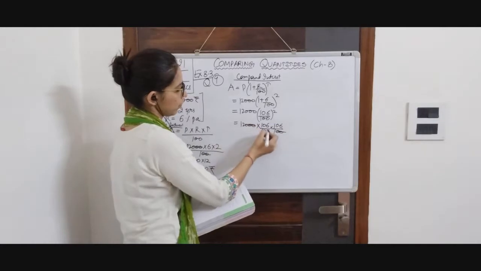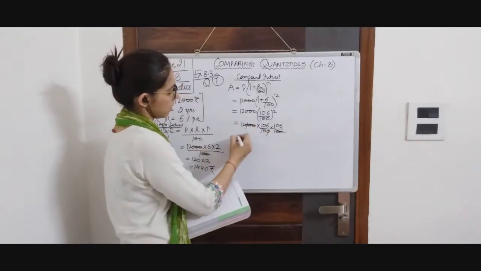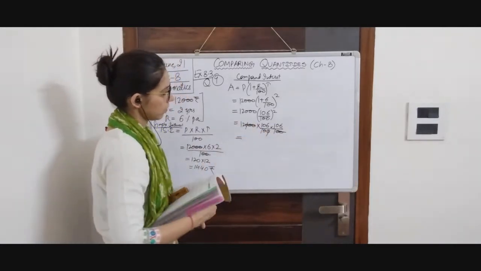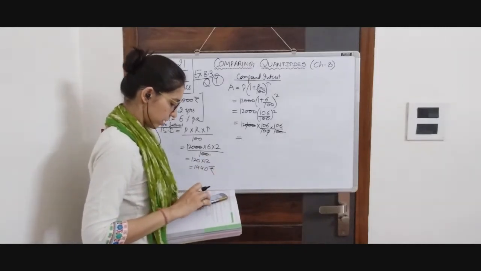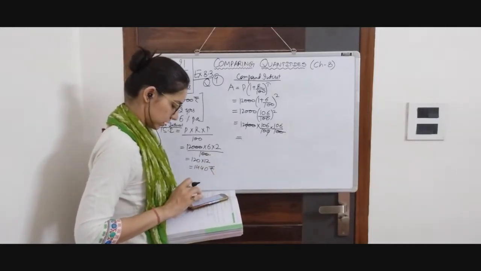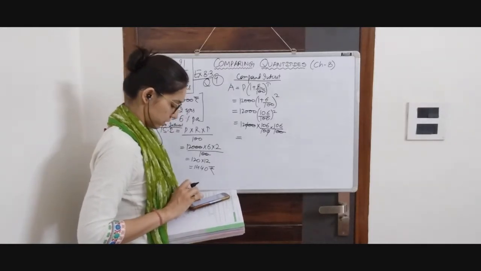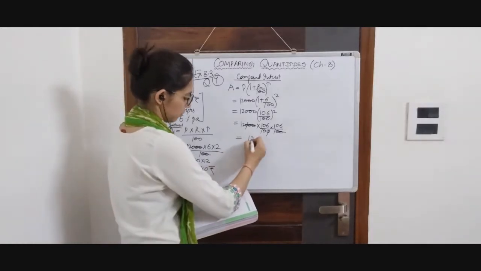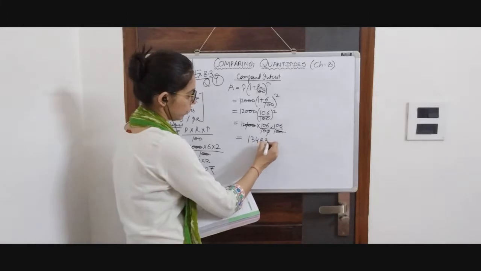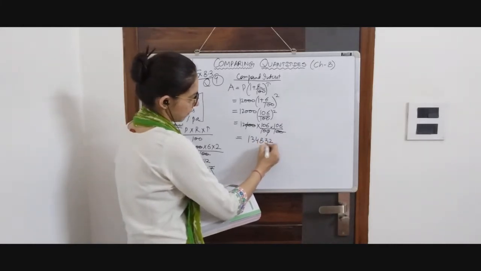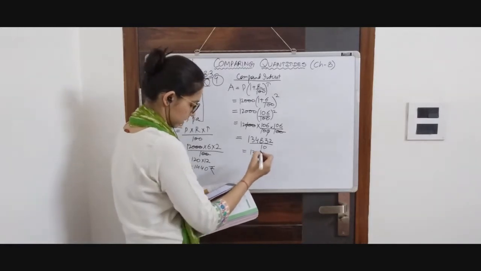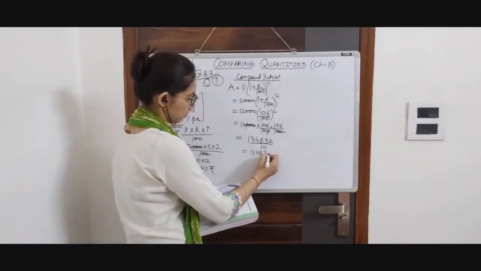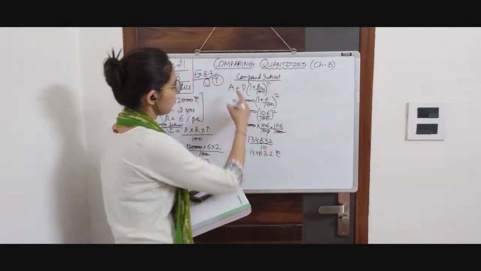We can cancel out zeros. Now we will perform the multiplication. It will come out to be 106 into 106 into 12, 134,832 by 10, 13,483.2 rupees. This is your amount.